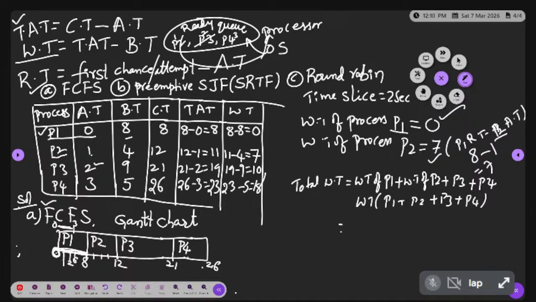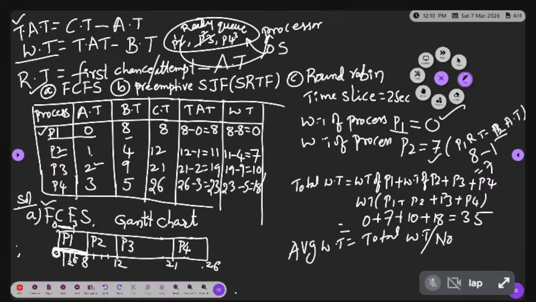This is equal to 0 plus 7 plus 10 plus 18, that is 35. And average waiting time is, note down this formula, total waiting time divided by number of processes. Total waiting time is 35, number of processes is 4.